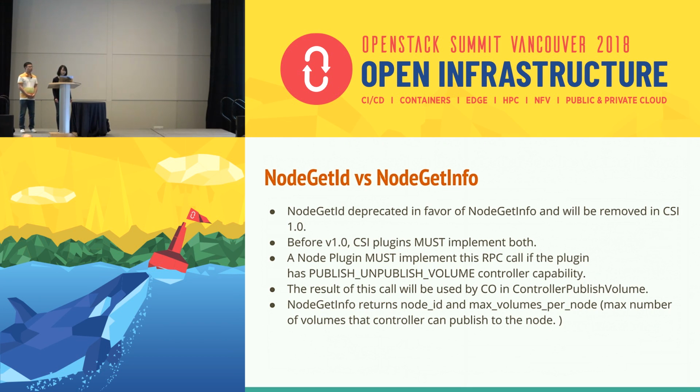If we want to add more information to it, we can't really expand that string. So that's why now we have a new NodeGetInfo RPC. NodeGetId will be deprecated, and NodeGetInfo returns the node ID and also returns the maximum volumes per node, so that it tells you what's the maximum number of volumes that can be attached to the node.